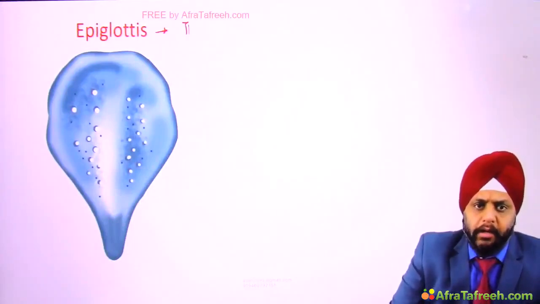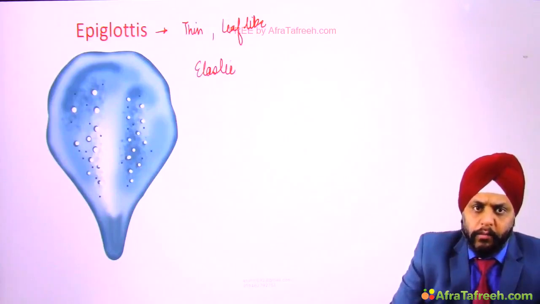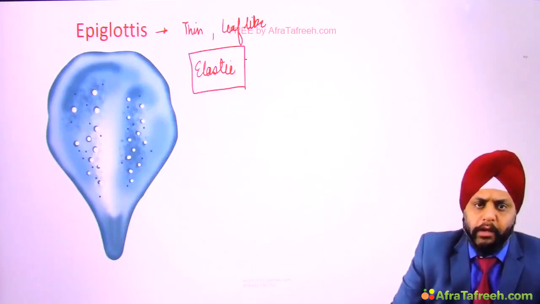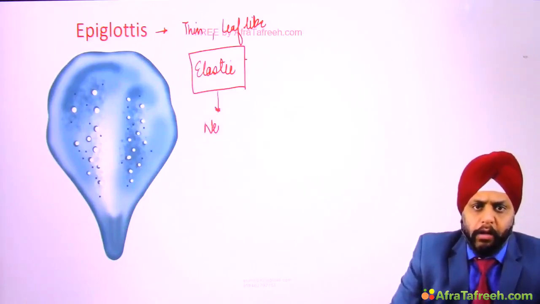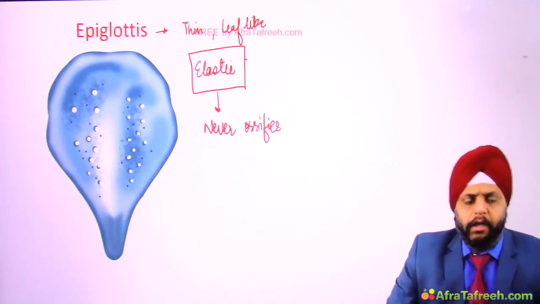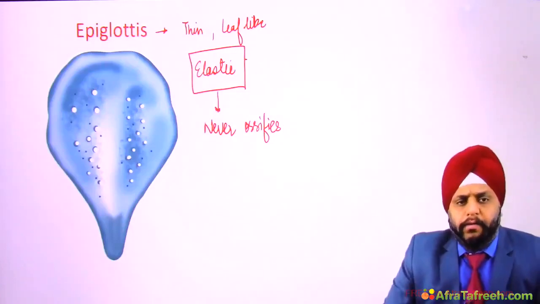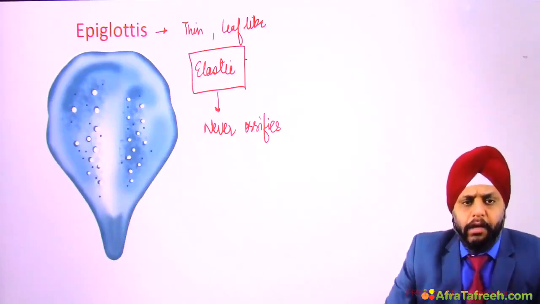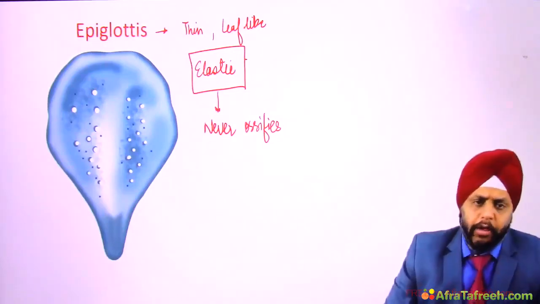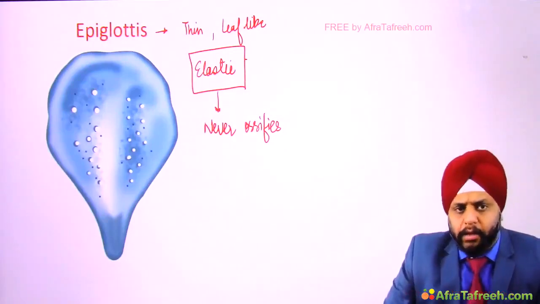It is a thin leaf-like cartilage made up of elastic cartilage. We know the advantage of elastic cartilage: it never ossifies. So the epiglottis is a thin leaf-like cartilage that never ossifies, and it will always remain cartilaginous.